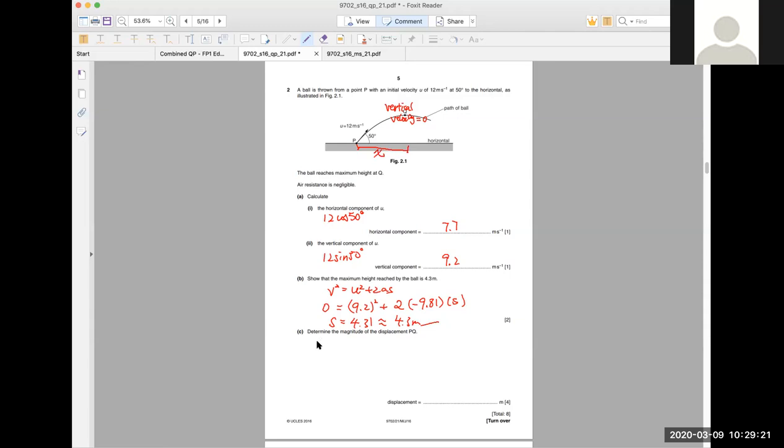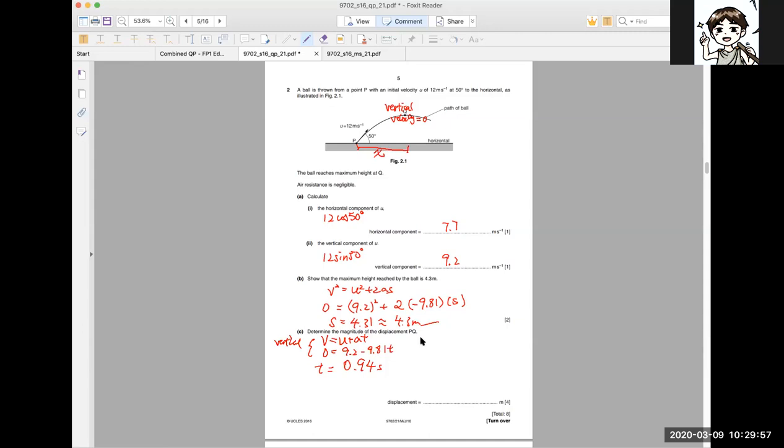So you just use V equals U plus AT for the vertical motion. U is 9.2, A is negative 9.81, times T, and then you can get the time. The time is 0.94 seconds.